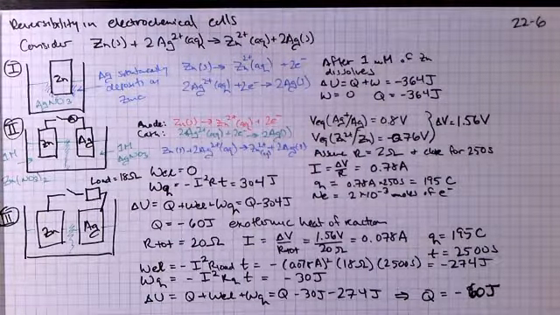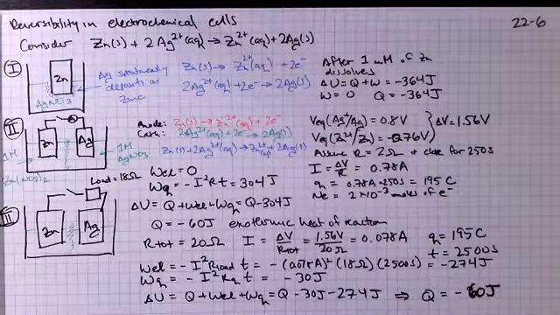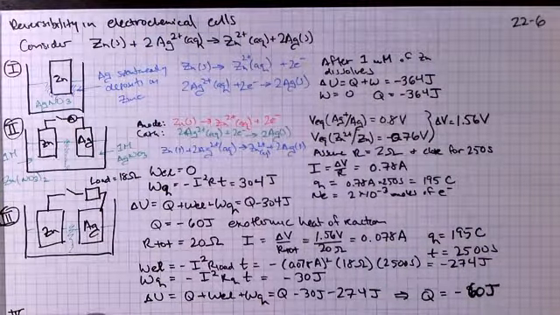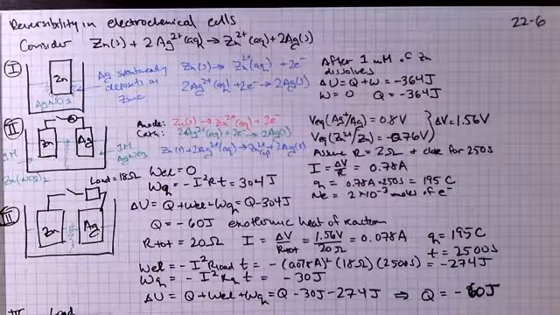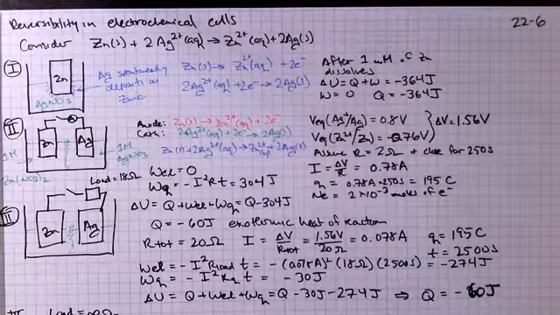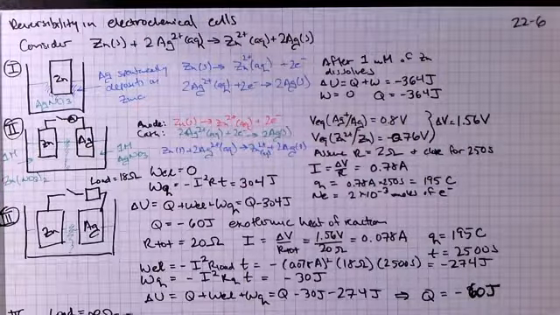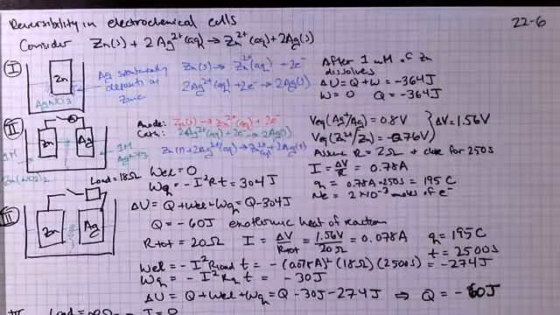Okay. So we can now think of the last limiting case, which is what if the load were an infinite number of ohms. In that case, the current would be 0, right?